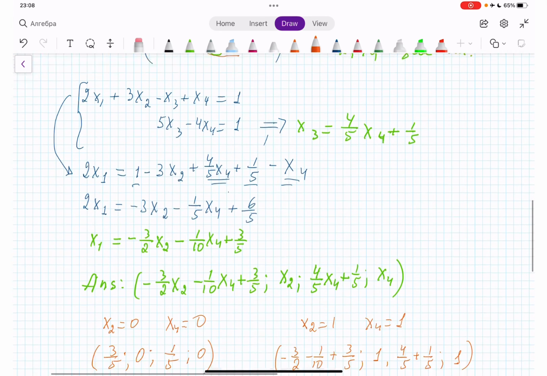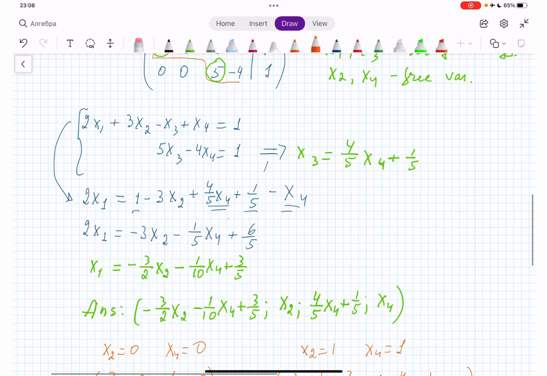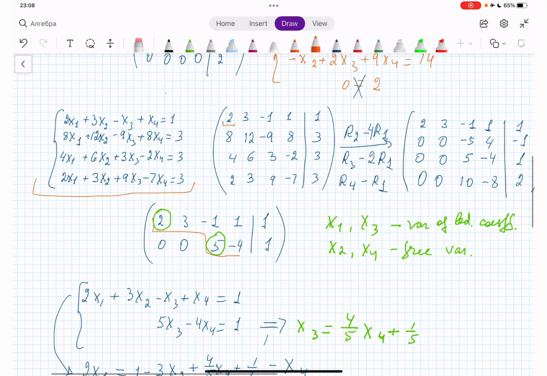Okay, let's do this one. Negative 1 is x1, the rest is 1. Let's plug it in. This is negative 1, 1, 1, 1. So this is going to be negative 2 plus 1 plus 3 minus 1 plus 1 equal to 1. So this is going to be 1. 1 minus 1 is 0.